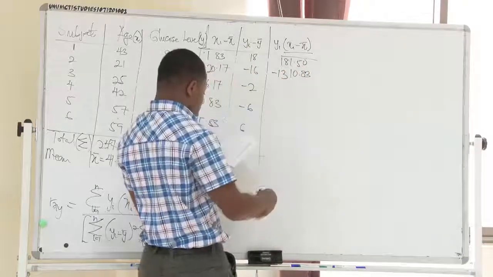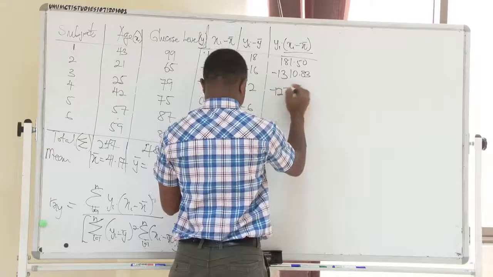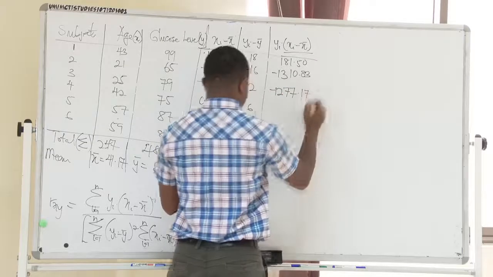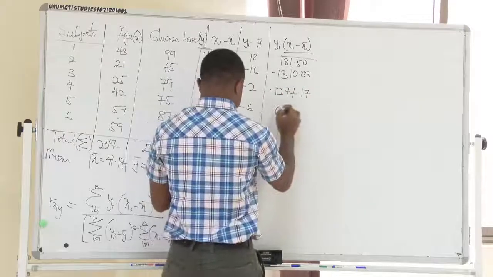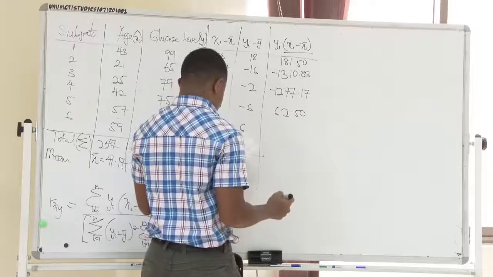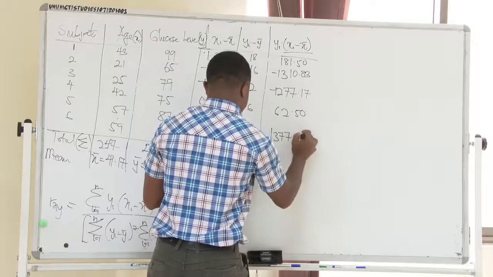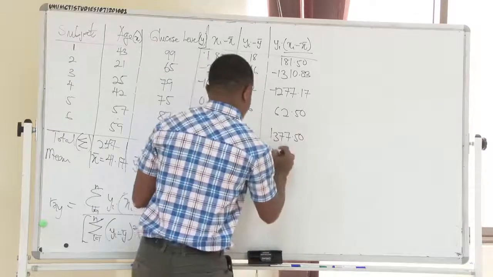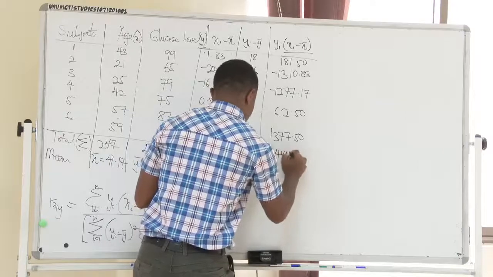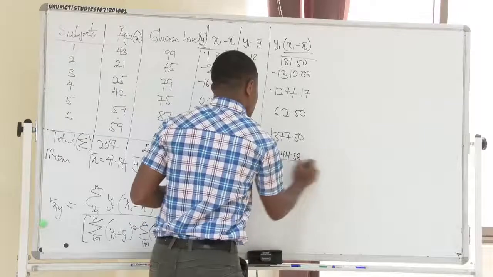Doing the same for the remaining rows, we have negative 127.17, then 62.50, then 137.50, and finally 144.7. Okay, so that is that.